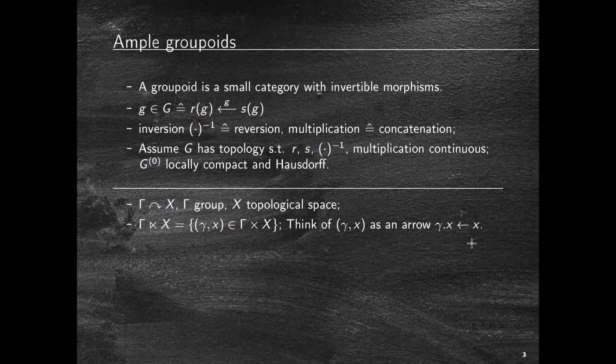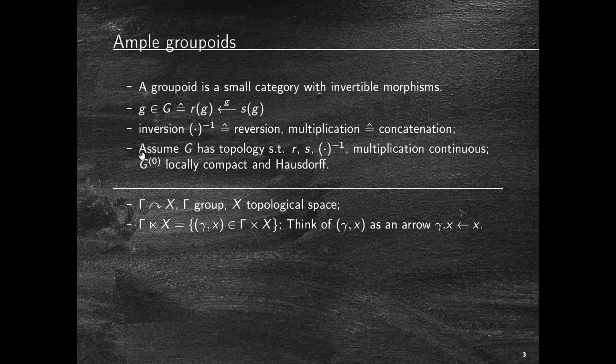Right, and then X has a topology, and if gamma has a topology as well, then this gets a nice topology. You just take the product topology, and so you can check then that this makes this transformation groupoid a topological groupoid in our sense, where this X is identified with the pairs where you take the identity for the groupoid and something in the space component.